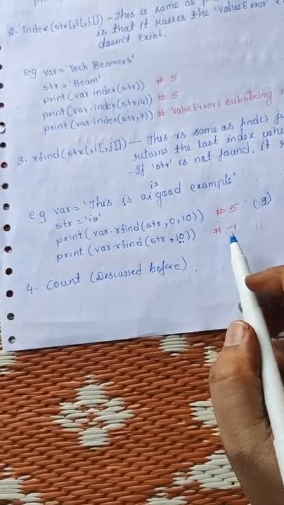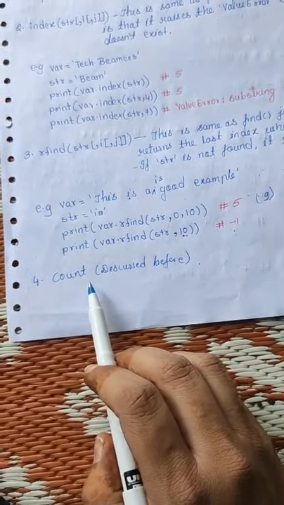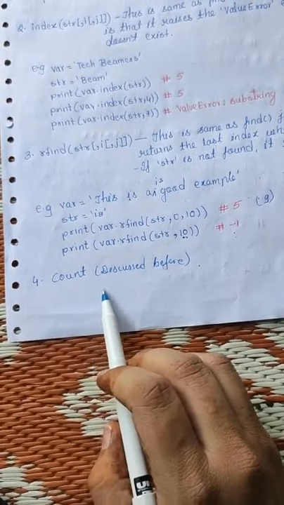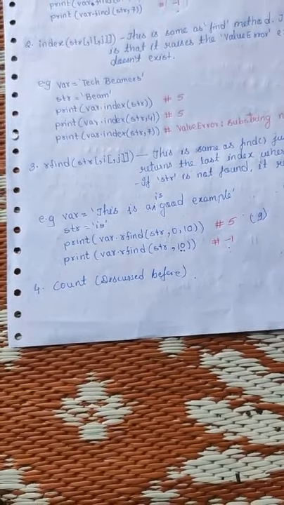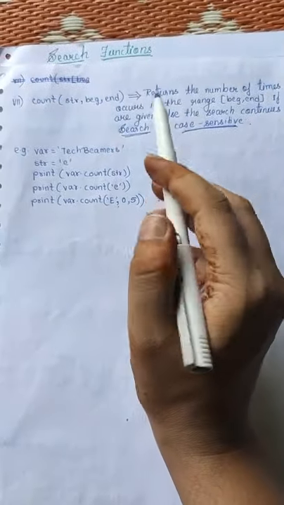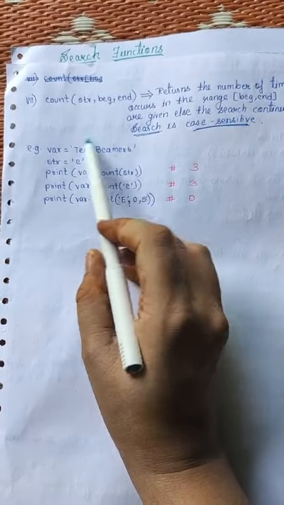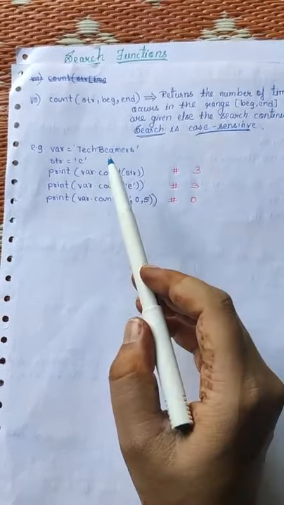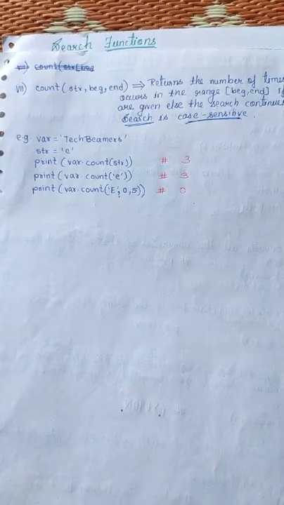Then we have already seen the count operation, that means how many times a particular character is found in a particular string. We have already gone through the count function. It replies with the number of times the particular character is found in that string.